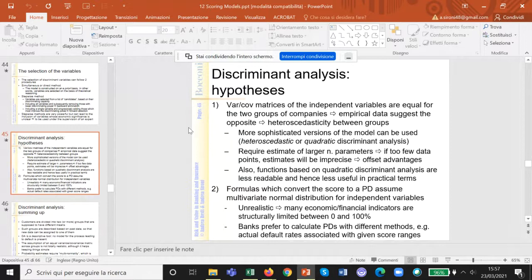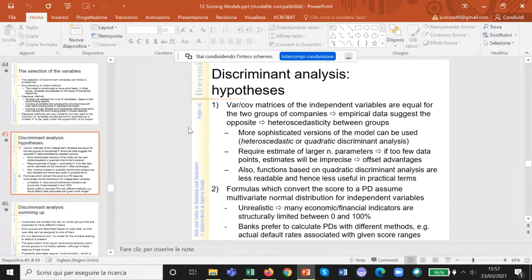To conclude with discriminant analysis, I think it is important to highlight that this model has two underlying assumptions, which are quite strong assumptions. One is that the variance-covariance matrices of the independent variables are the same for the two groups of companies, i.e. good companies and bad companies, okay?